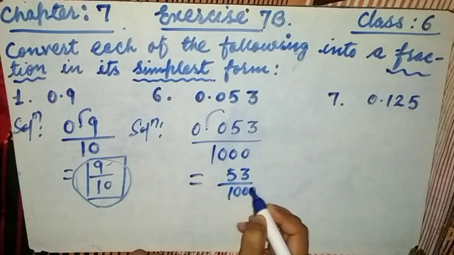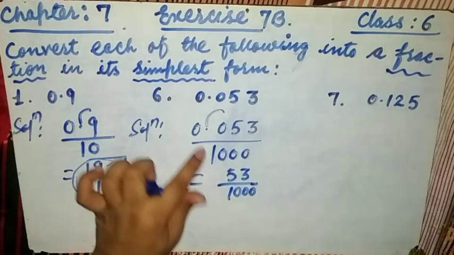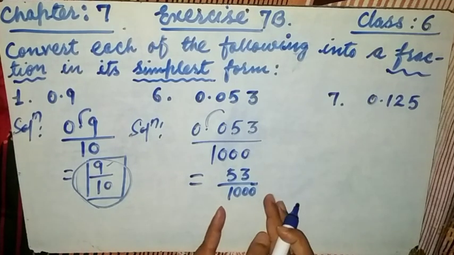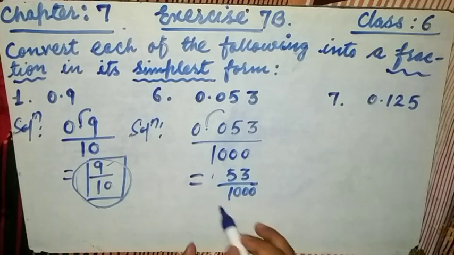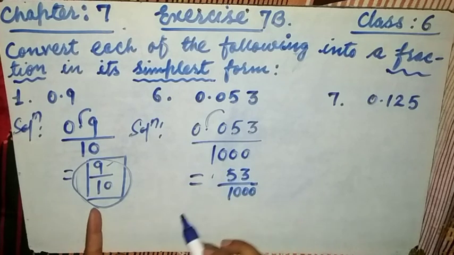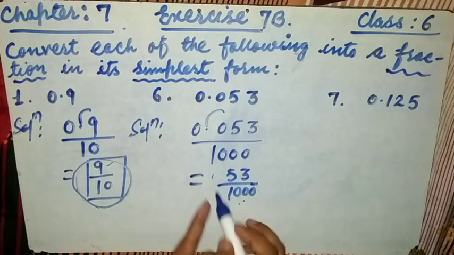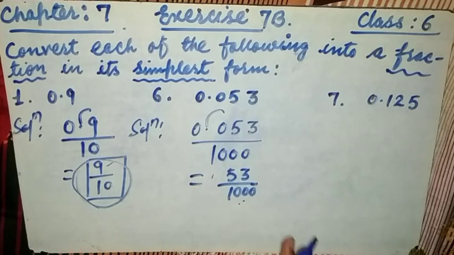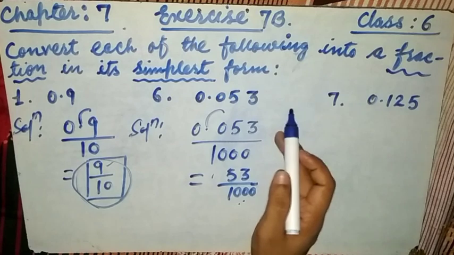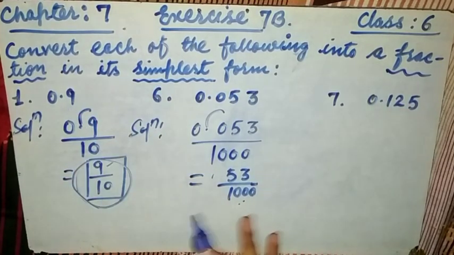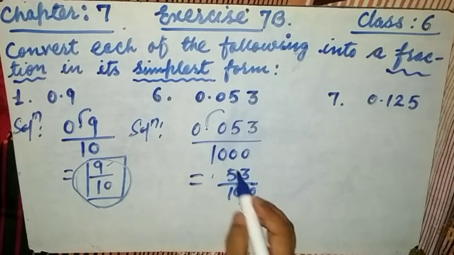And this is a decimal fraction, because it has a denominator of 10, 100, 1000. Here is the 1000, so this is called a decimal fraction. But according to this question, we have to find the fraction in its simplest form.